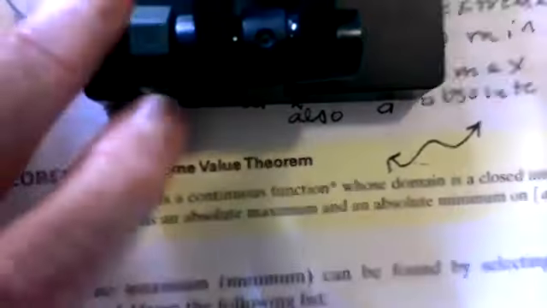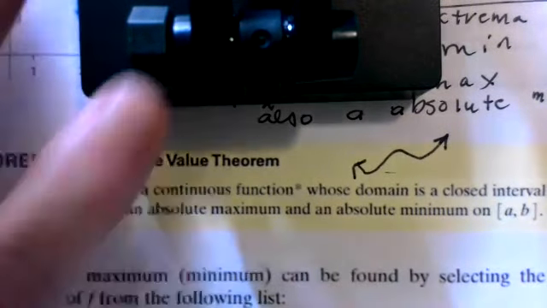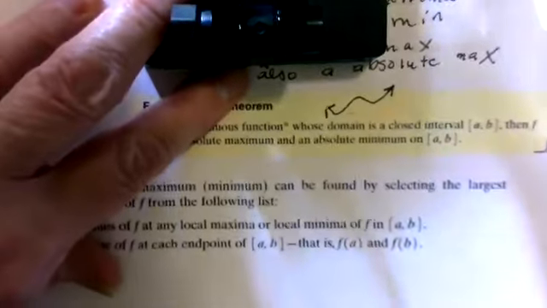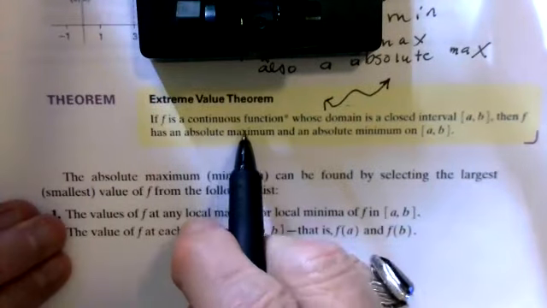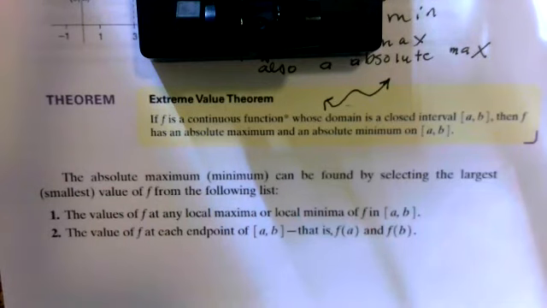If it has a hole or a break or anything like that. But if it's continuous, its domain is a closed interval AB, and f has an absolute maximum and an absolute minimum somewhere on AB.